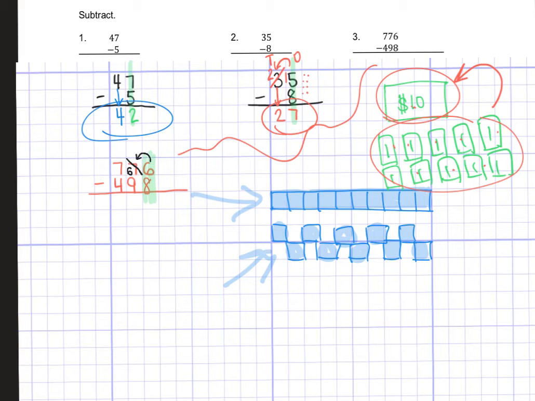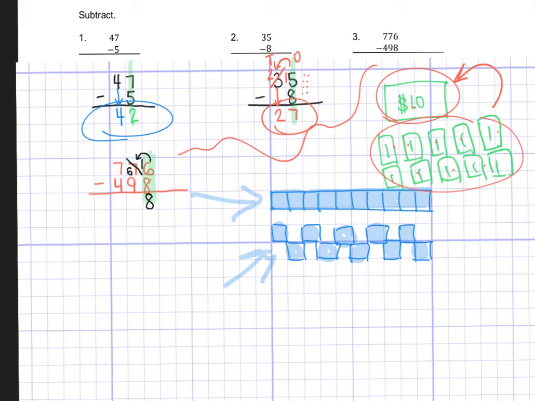Okay, so my 7 goes down to 6, but then 6 turns into 16 because I've taken 10 away from my 10s, but now I've added 10 to my 1s. Okay, 16 minus 8 gives me 8, and now I need to move on to my next.